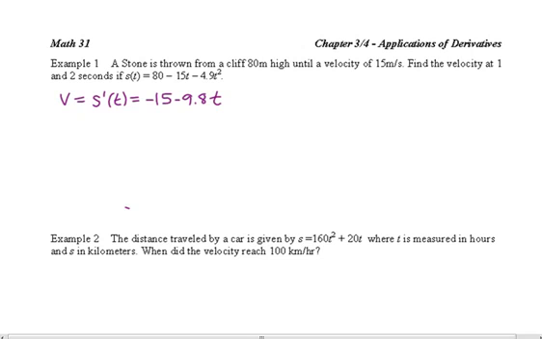So what's the velocity? Now we can find the velocity at 1 second. How would we figure that out? Plug in our time. What does that give us?